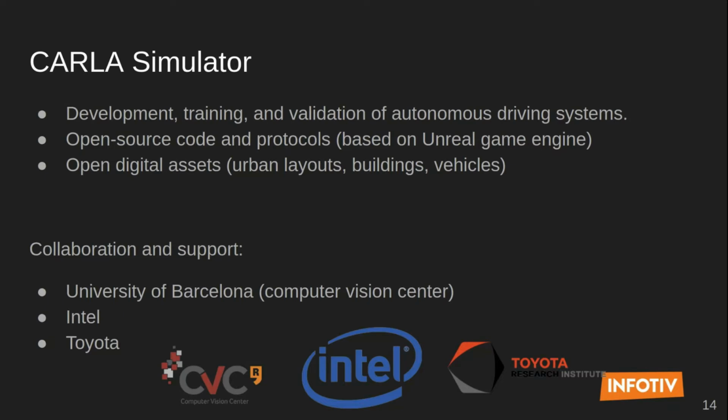In addition to being open source and having open protocols, CARLA provides access to an open digital asset library, which contains layouts, buildings, and vehicles that are created for this specific purpose. And you can use them freely. Big names are behind this simulator, like the University of Barcelona, Intel, and Toyota.